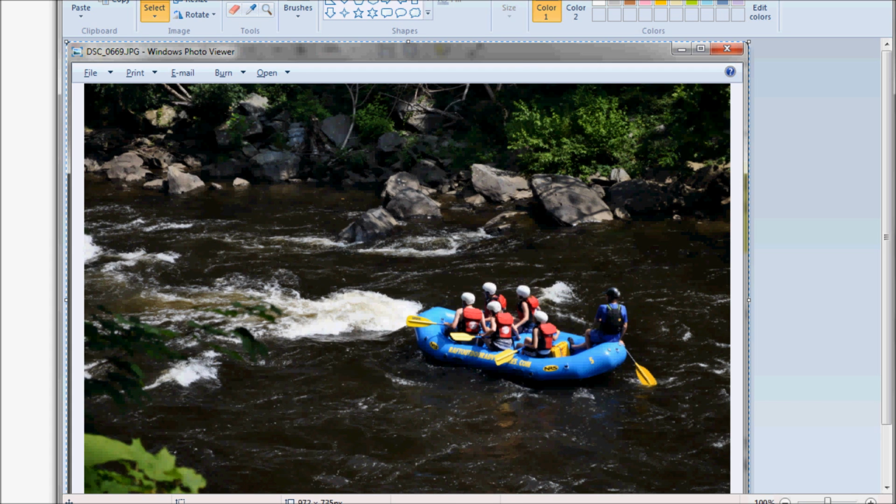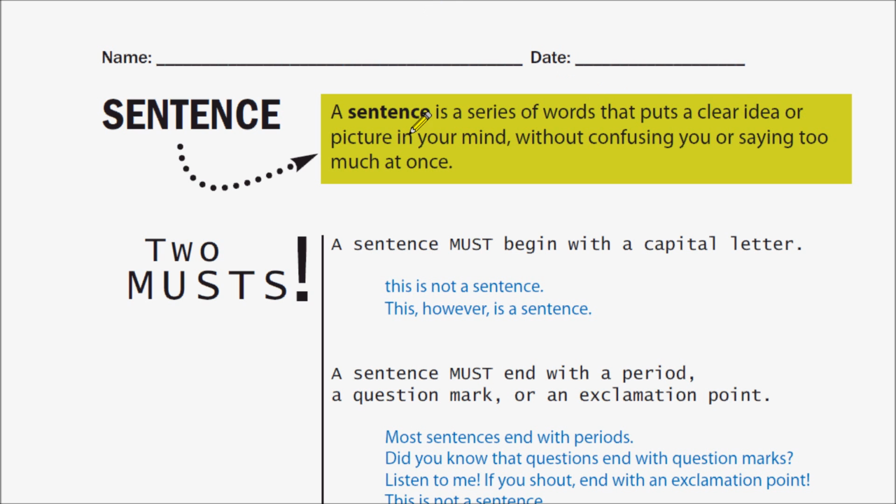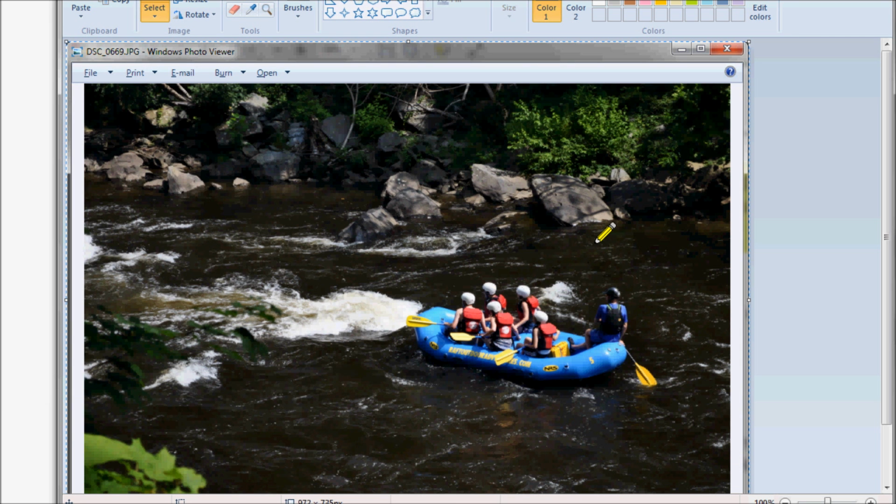And that's the other part of this definition here, which is without saying too much at once. All right, now this sentence here, if I say six people on a raft are going down the river, that's good enough. Stop there. Make that the end of one sentence, and if you're going to talk about your mom and her dogs and what kind of ice cream you like, then make them separate sentences.